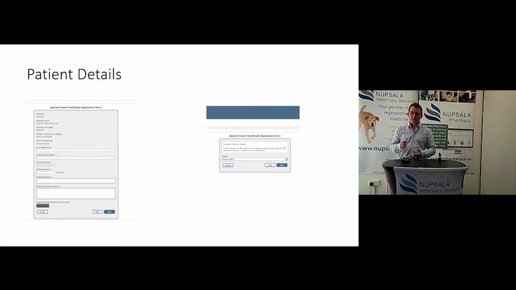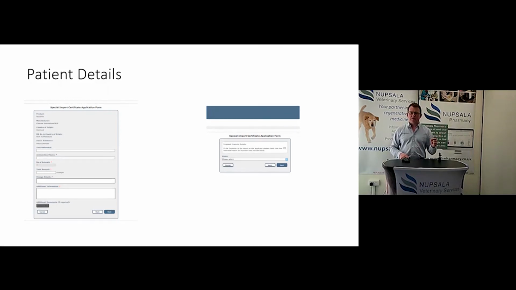What's important here is that you are bringing it in and you are wholly responsible for its import, and it comes via the manufacturer. So what we're saying here is, if it's a product which is a registered product in the States, it's got to come from the manufacturer. If you are going to be importing it, you are responsible for importing it. And I would urge you to get it from the manufacturer.